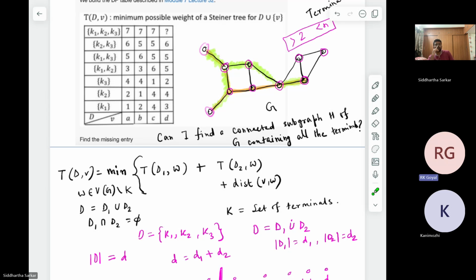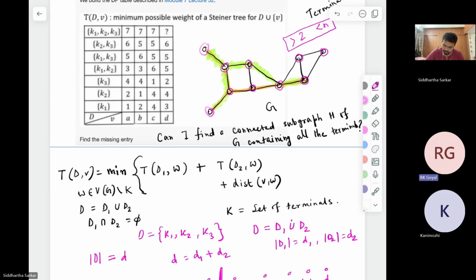So you are breaking down D. When you break down initially, in this example, D is 3 terminals corresponding to this entry. If you break it down, then D1 will have at most 2 terminals, and D2 will also have at most 2 terminals. If you break that further, then you are at the case when there is only one terminal and there is no way to partition it further. So the one terminal case is your base case.